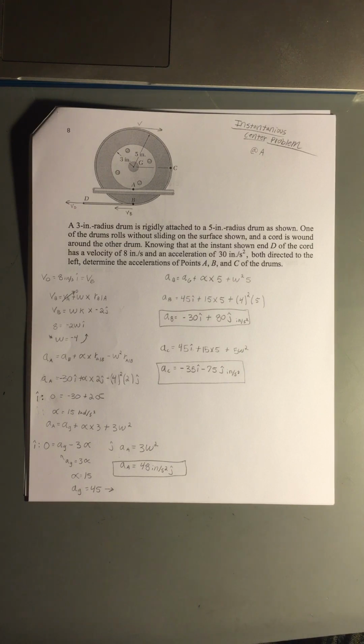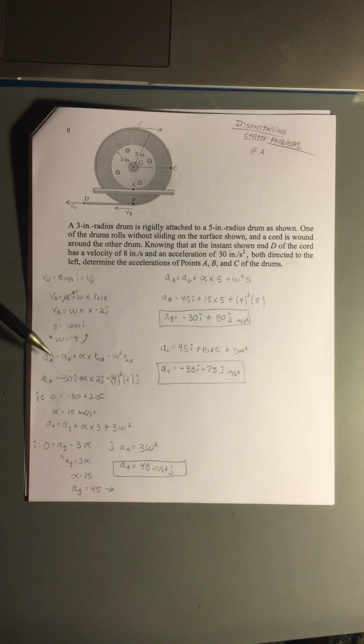And so now that we have omega, I decided to try and find the acceleration at A. And so this is our general plane motion equation for acceleration. And looking at this equation, there's quite a few unknowns in here that we don't know. However, if we break it into components, we can actually solve for alpha. And so I took this equation and plugged in what we know. So we know the acceleration of B in the i direction, and then we also know some of these terms here.